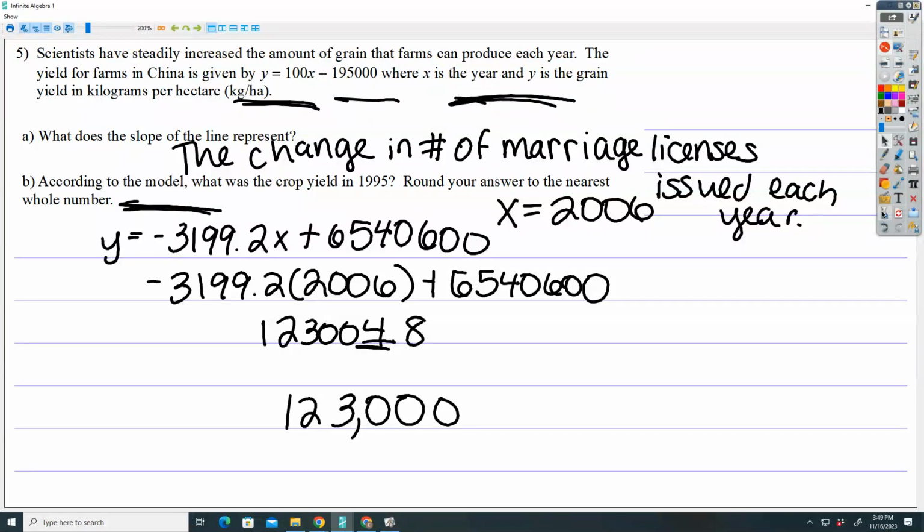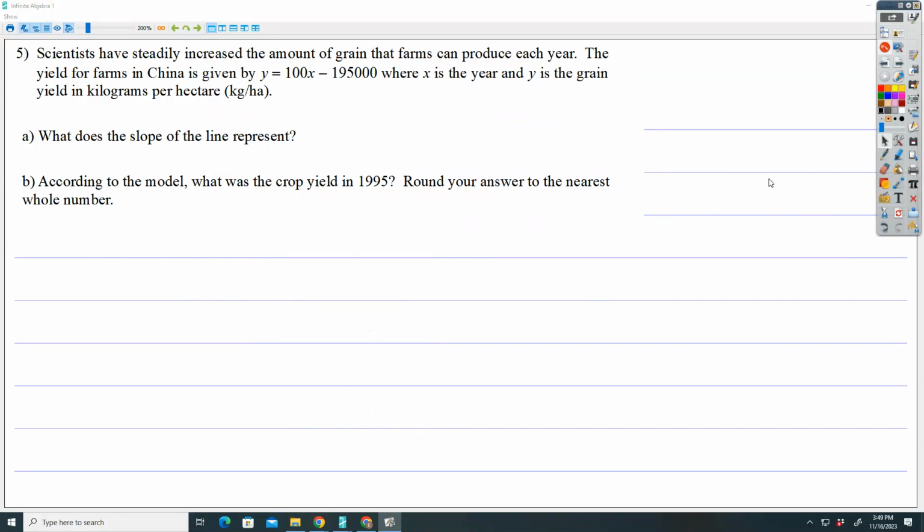Okay, let's look at another example. Scientists have steadily increased the amount of grain that farmers can produce each year. The yield for farms in China is given by y equals 100x minus 195,000, where x is the year and y is the grain yield. So remember, slope always represents the change.